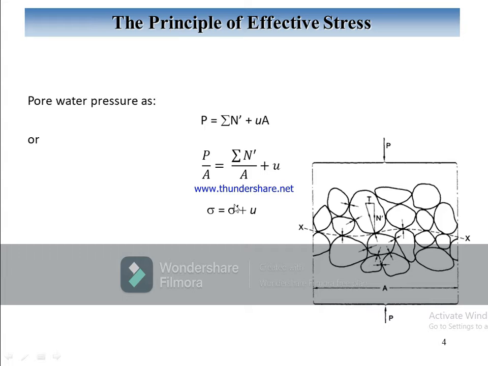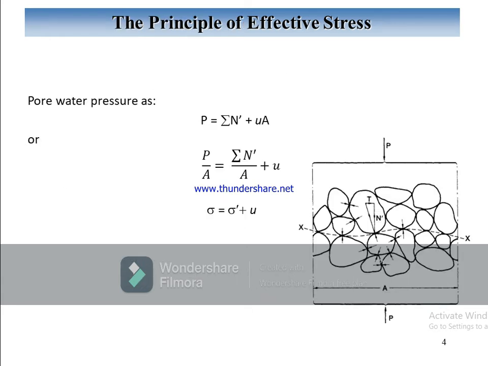We can write this by dividing both sides by A. Then we get P by A equals the summation of N prime divided by A plus U, which is the pore water pressure. This term is equal to the total stress, and this term is equal to the effective vertical stress.